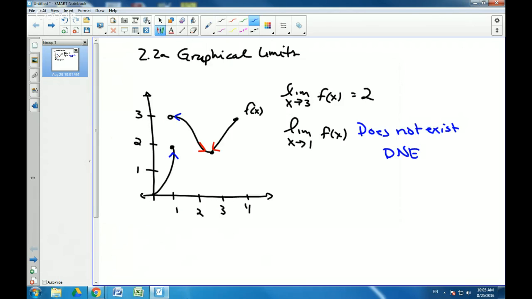So if there's a split in the graph, the limit does not exist. Now that's a jump discontinuity or an infinite discontinuity, right? I'm going to extend my graph here.